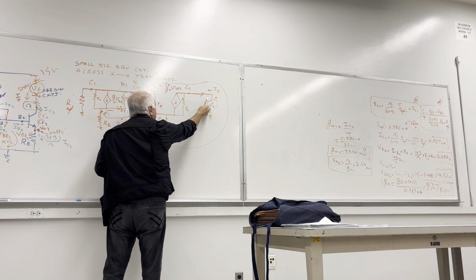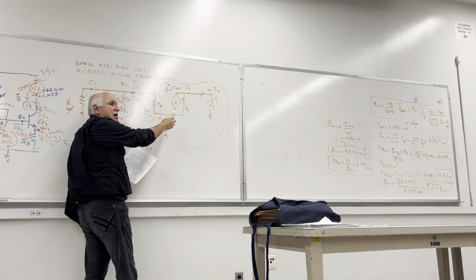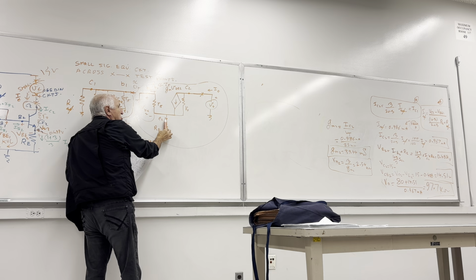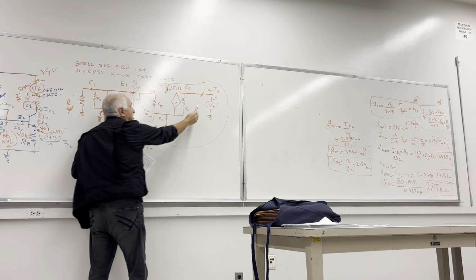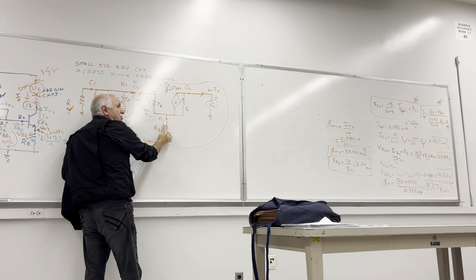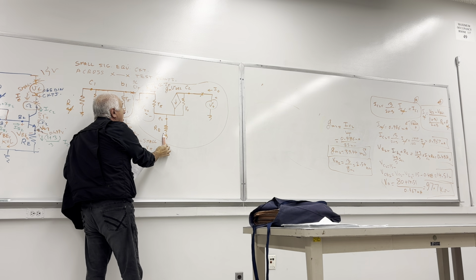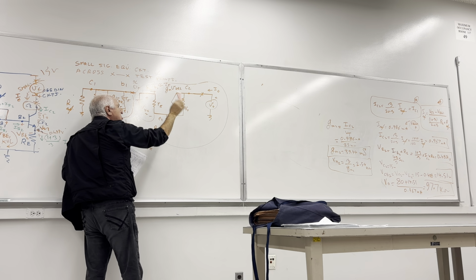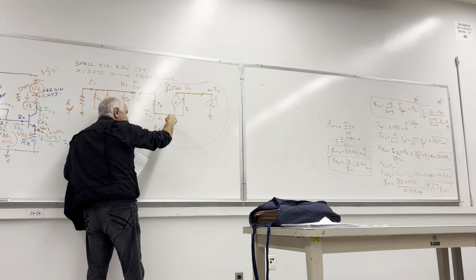After all, see what that current is. Don't you think this IT is fair to say almost is equal to IE? Because that IT is collector current, see? Collector current, emitter currents are almost equal. Base current is much smaller than collector current. Therefore, this current is going to be much, much smaller than the current existing in that resistor.